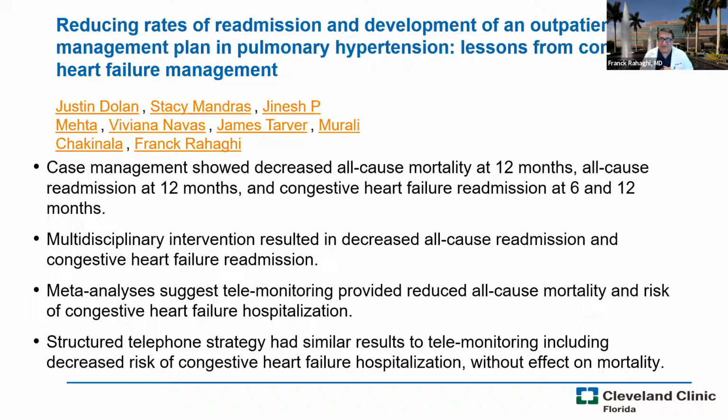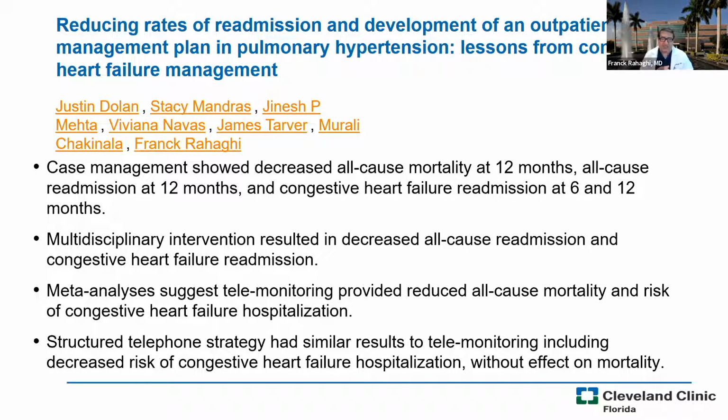So multidisciplinary interventions, which involve multiple physicians and or multiple specialties and multiple caregivers like case managers and physical therapists and nutritionists, helped. Telemonitoring is controversial a little bit. Some helped, some didn't help. And a meta-analysis suggests that if you have something that monitors your health and either warns you or warns your care provider, that it could be helpful.